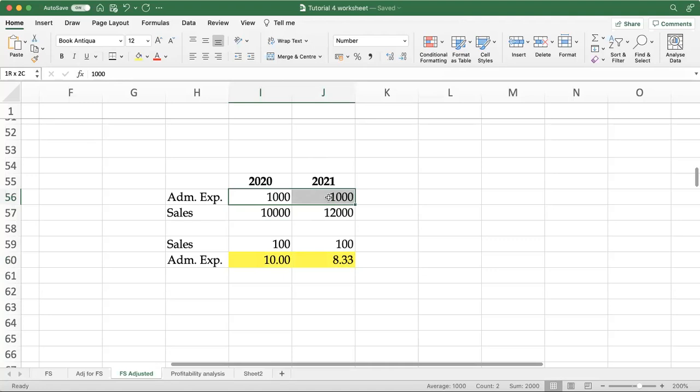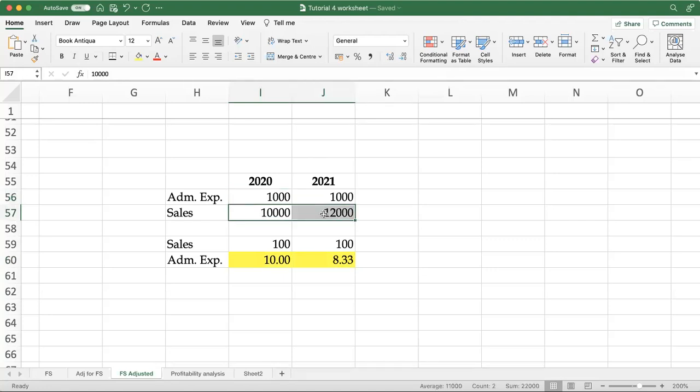So when fixed costs are the same and sales increase, you see the common size value of administrative expenses declines. Administrative expenses are the same in both years, but sales increase. Then what happens to the common size value? It declines.